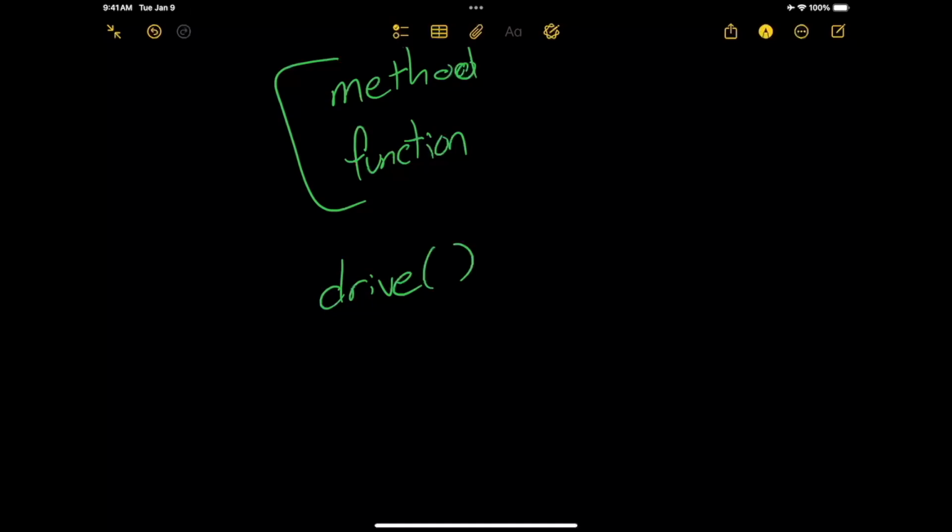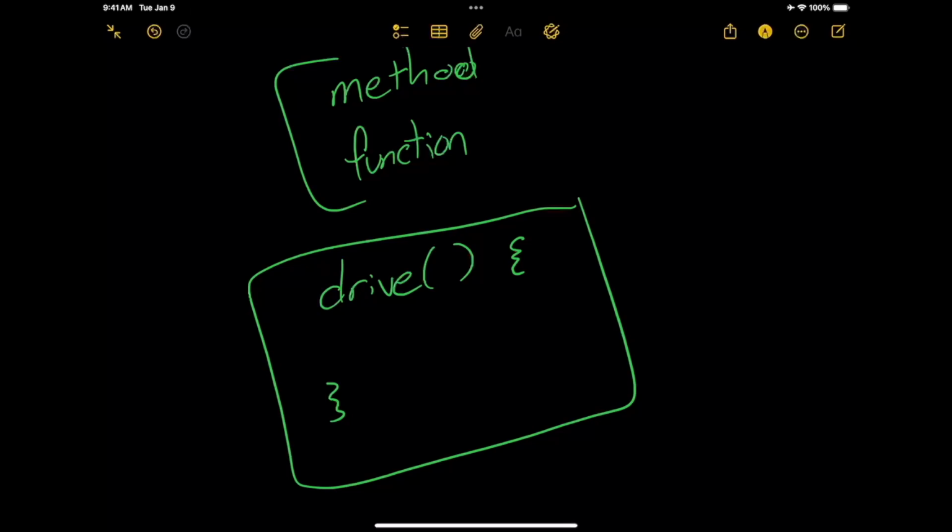Okay? Then you've got this open and closed parenthesis. And then you've got a curly brace. And then you've got another curly brace. This is a function. This is a method. Now inside of here, you put lines of code to do stuff. The curly brace just says, hey, where does it start and where does it stop?